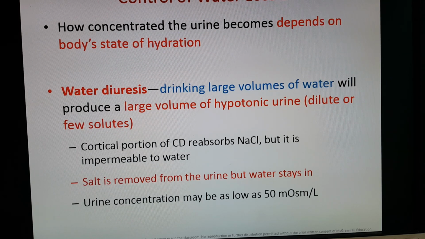This is where you go to the bathroom and your urine looks like a very light lemonade color, mostly water. In this case, the salt is removed from the urine, but the water stays in, so the urine has a very low concentration of solutes. This is water diuresis.